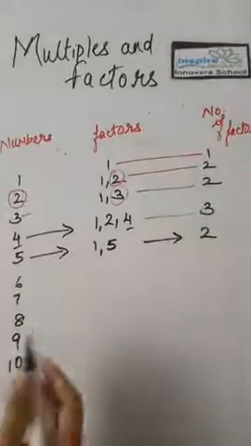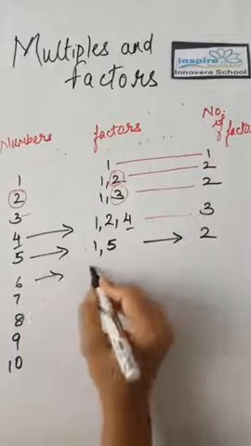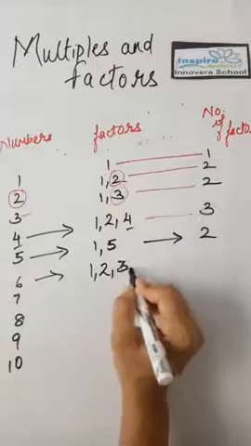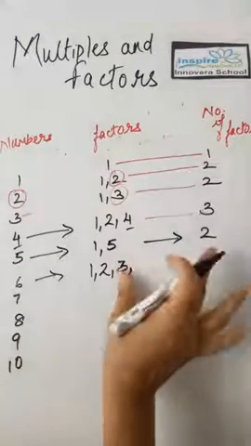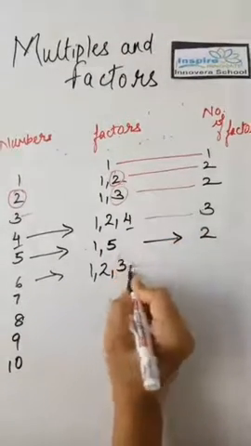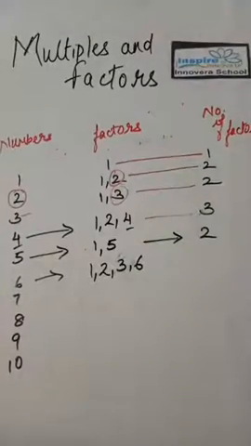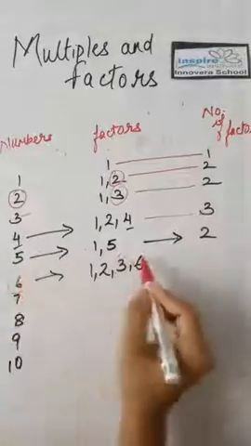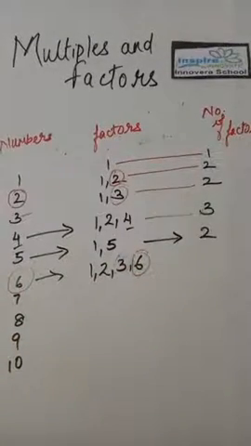Now 6, it will go in 1, then 2, then 3, then 6 itself.